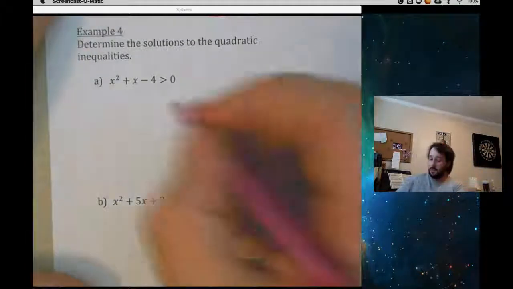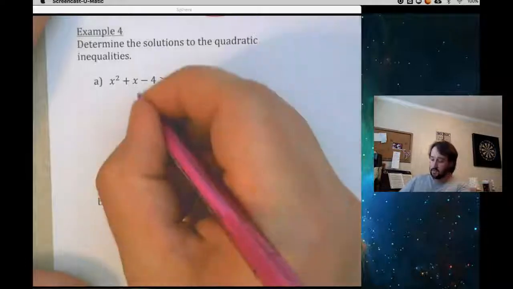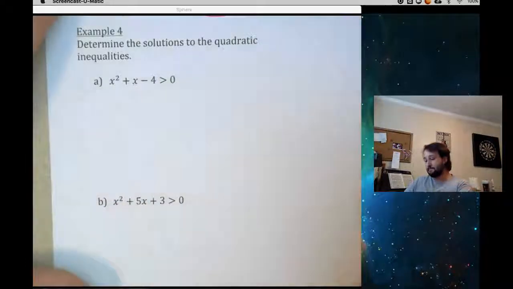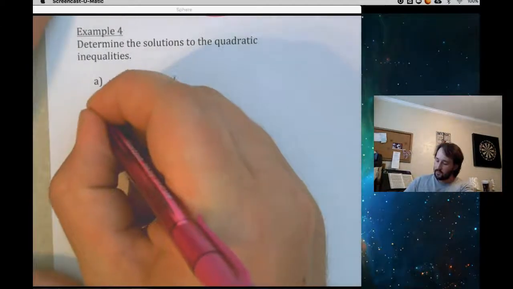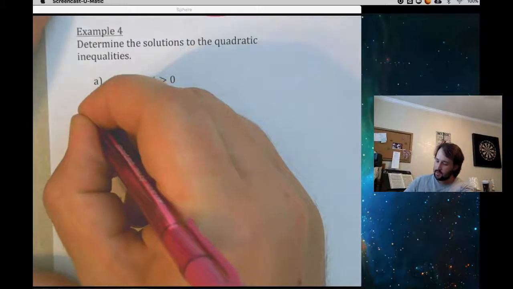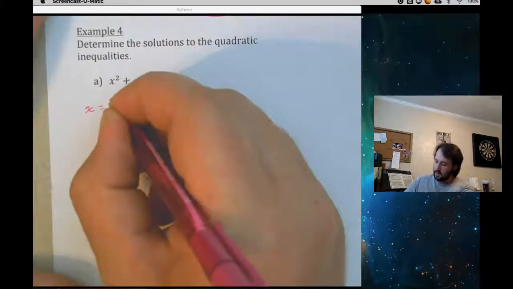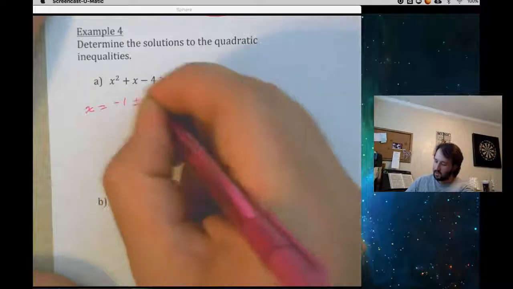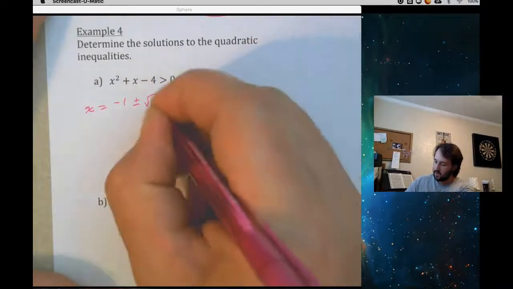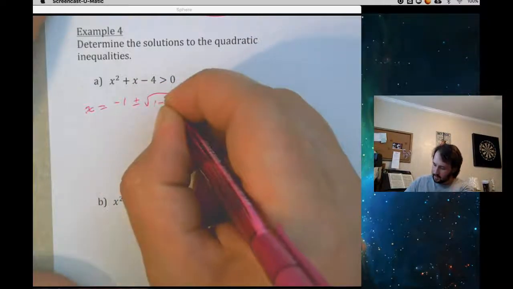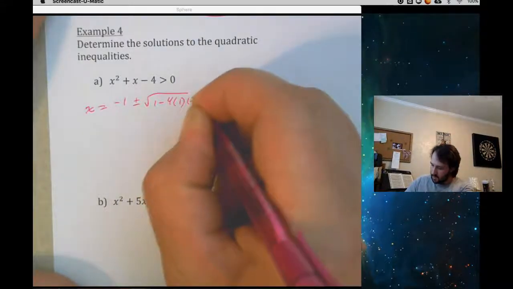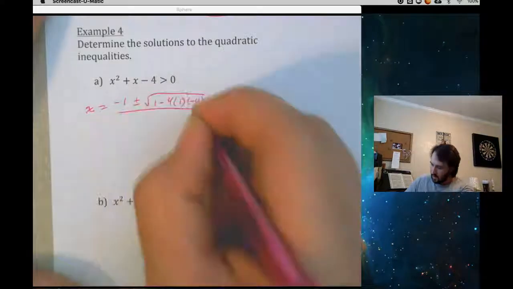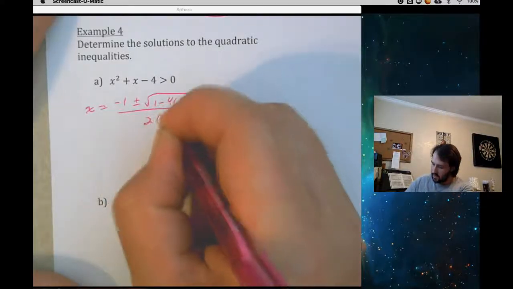All right, so if I were to try to factor this, looks like I can't, so perfect. But I can use the quadratic formula to determine my solutions. So I have x equals negative 1 plus or minus the square root of b squared, so 1, minus 4ac, so 4 times 1 times c, which is negative 4, all over 2 times a, which is 1.